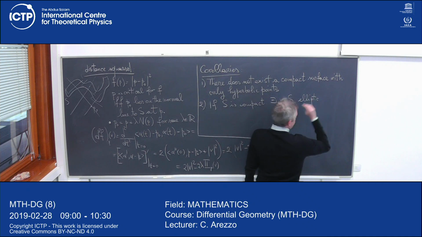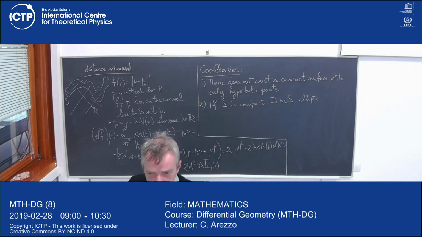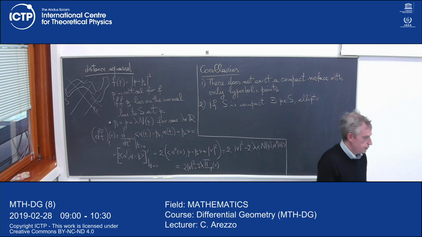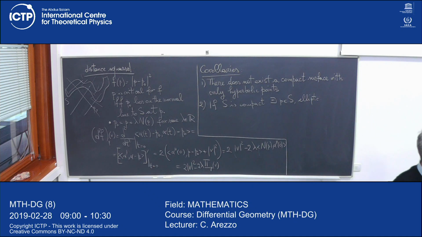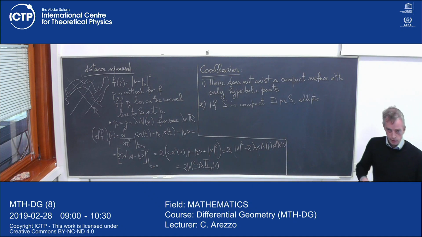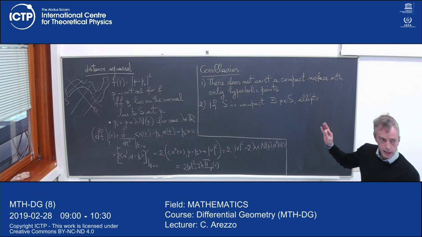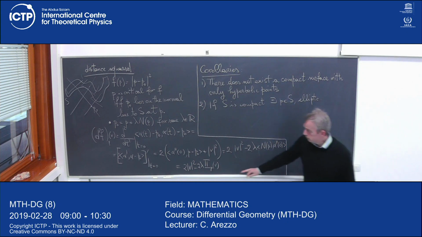So if it's compact, it must have at least one elliptic point. Then, of course, if it has one elliptic point, remember that the Gauss curvature is a continuous function. If it's positive at a point, it's positive in a neighborhood. So this is not about one point. Okay? These are exercises for you.